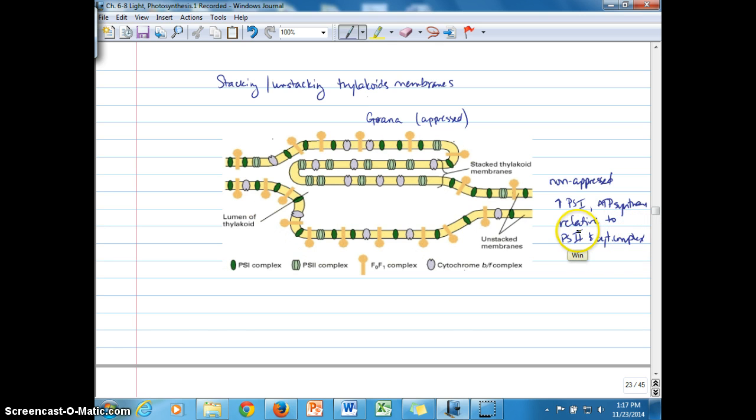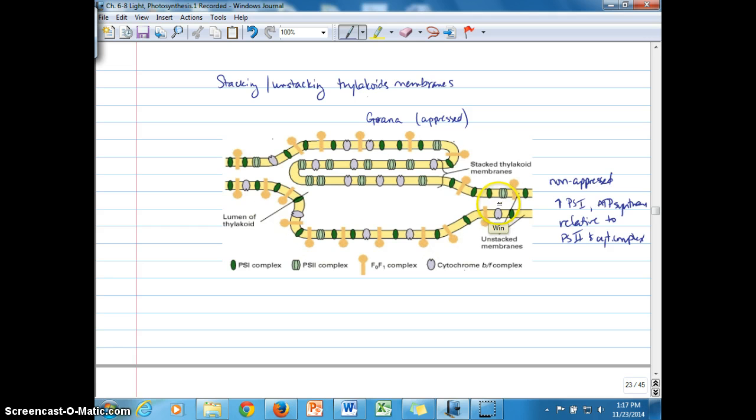Whereas if photosystem II is running behind on its electron transport, then it's more advantageous to stack these so that we have more photosystem II activity and less photosystem I activity, for example.